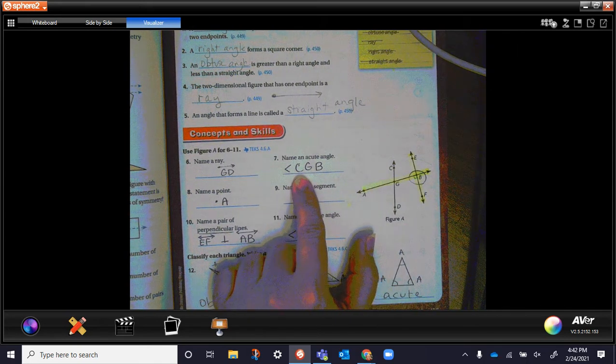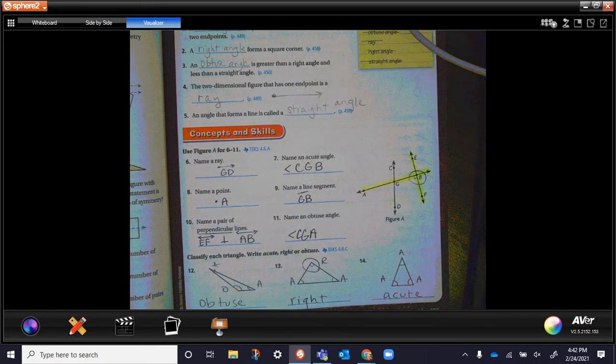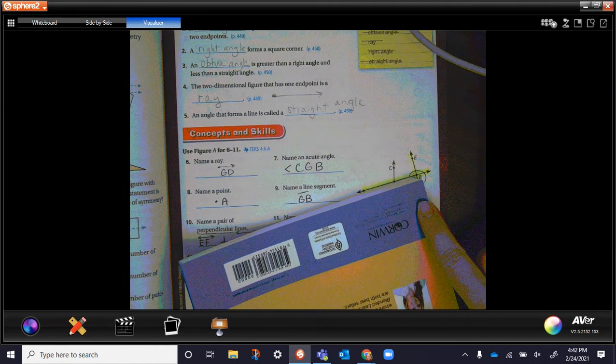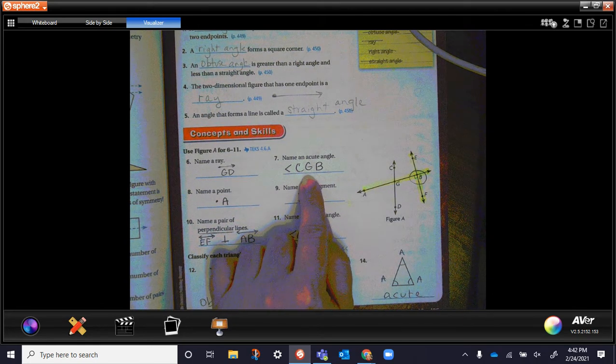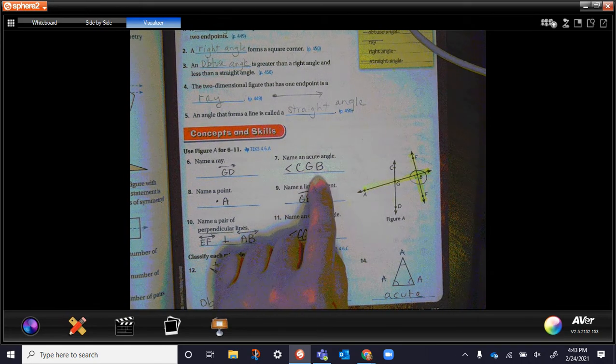For an acute angle, you can take the corner of your book and place it in there, and if the second ray is hiding behind your square corner, then your angle is acute.